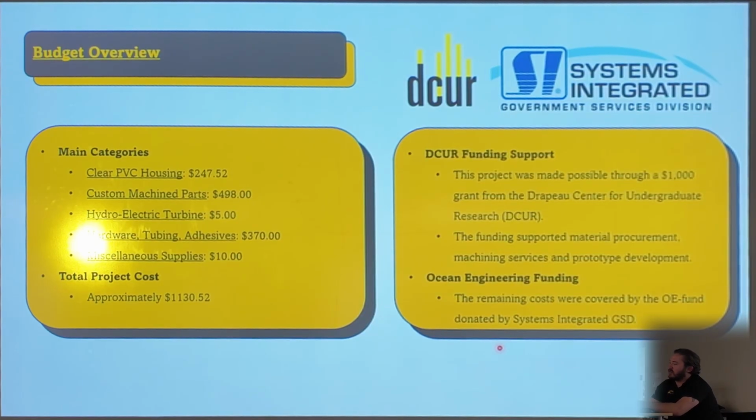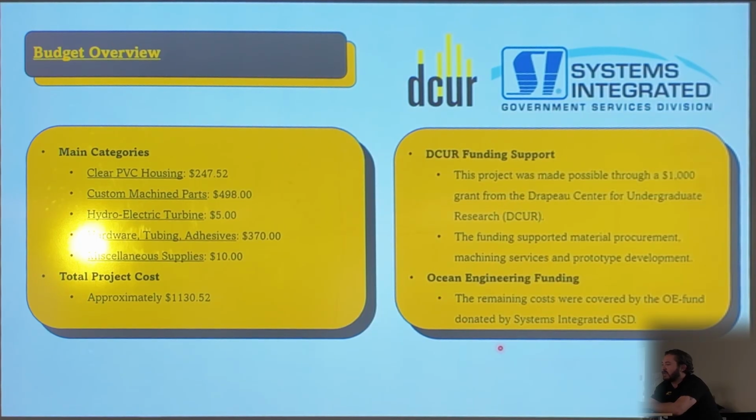Overall, it cost about $1,130.52. That was made possible through the DCUR funding with the Eaglesburg grant. I was given $1,000 for that, and then the OE fund, which is sponsored by Systems Integrated Government Services Division, covered the rest of that.